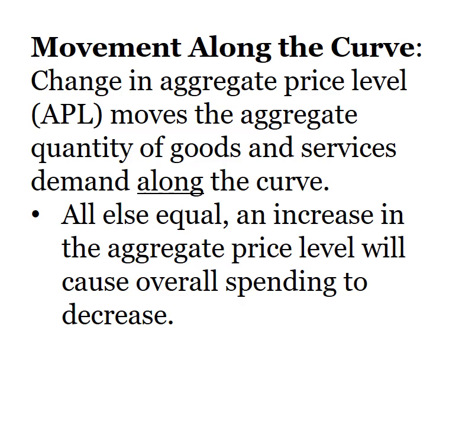Now, one thing to keep in mind is that a change in APL can sometimes go by different names. If you see in the question that inflation went up, that is a change in the aggregate price level, or deflation occurred. That's still telling us that the aggregate price level fell. It could even mention the GDP deflator. If that went up or went down, that would tell us if APL went up or went down.